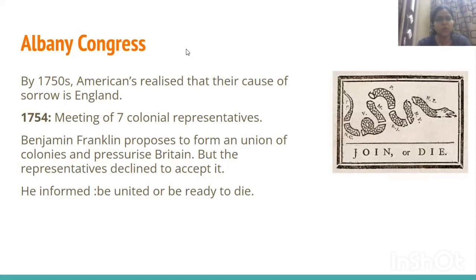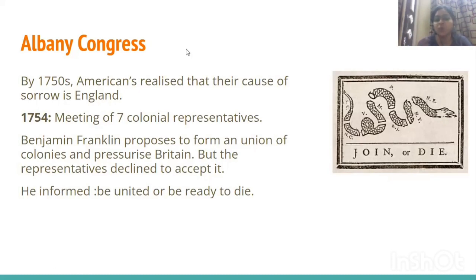We are seeing over here this image of the snake cut into different parts. He wanted to say to the people of the colonies: join, be united against British rule, or be ready to die. If you will not be united against British rule, the British will divide us and rule us, the way they did in India.